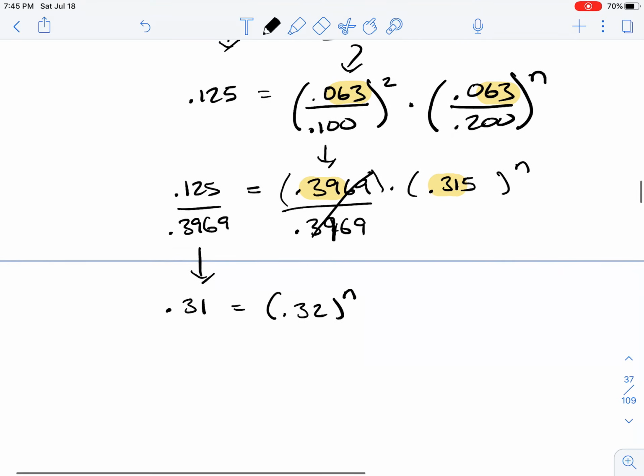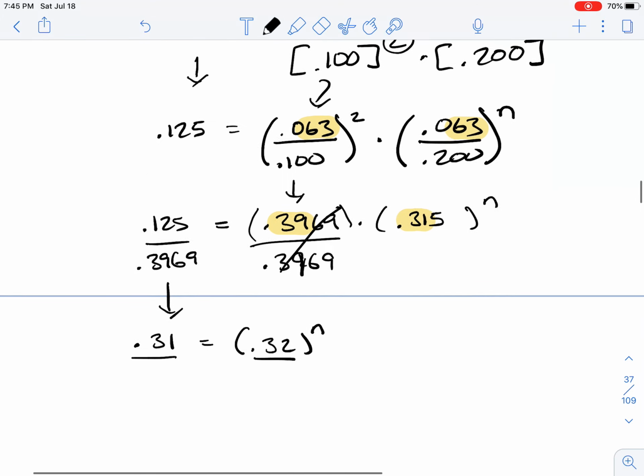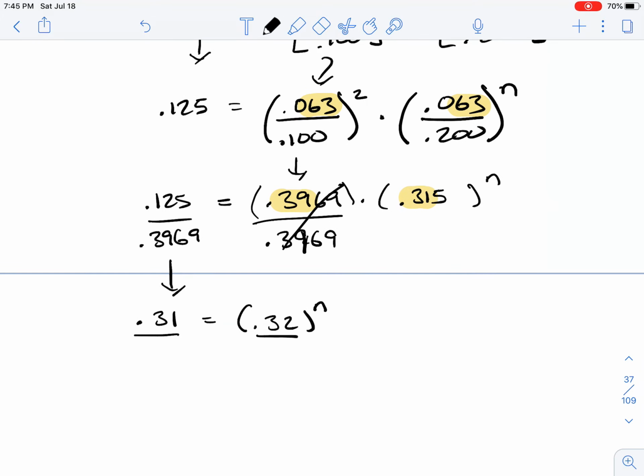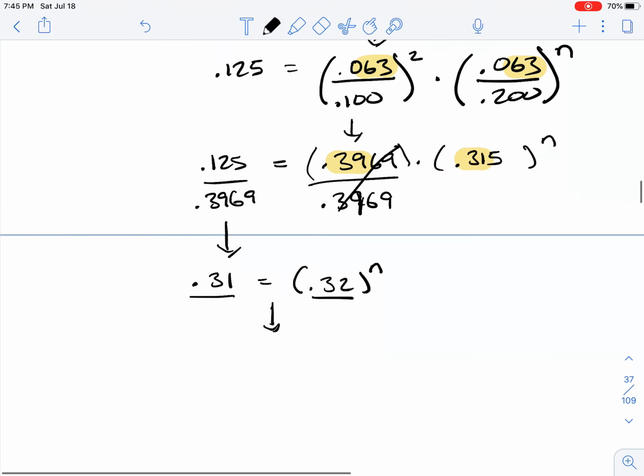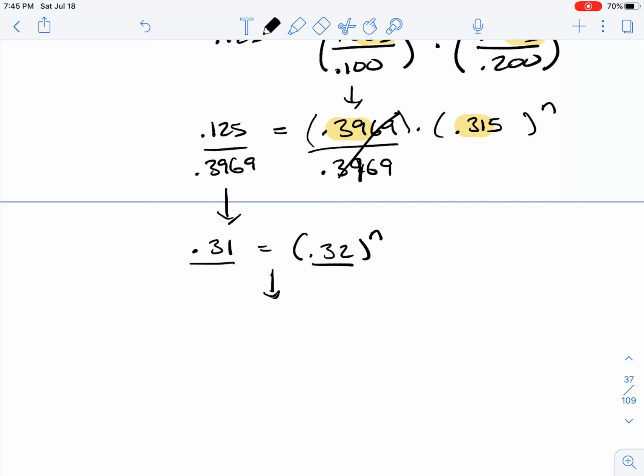Okay. And so 0.31 and 0.32 are actually very close to each other. I think the only reason why these values are a little bit off is because of the rounding that I've done in between here. Actually, let's just go ahead and use the properties of log, and you'll see that the answer is going to come out to 1 anyways when you round it.